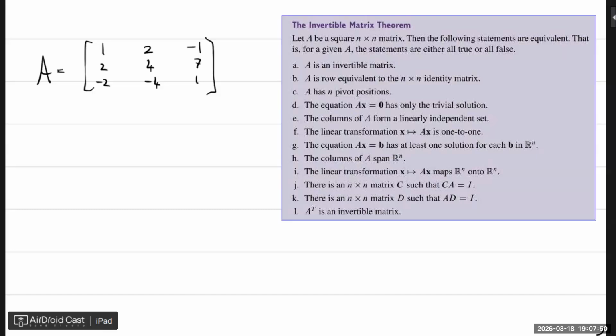Now, without doing a lot of calculations, what can you guys see? N by N, you say, is 3 rows, 3 columns. Yes, so at least we know it must be a square matrix. So at least that we know.